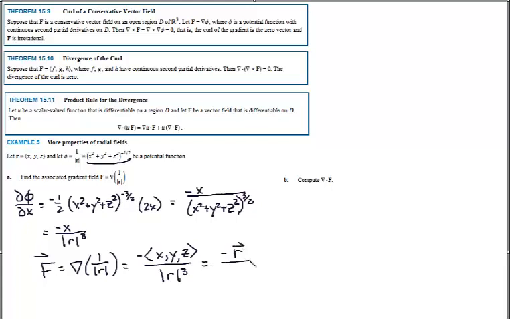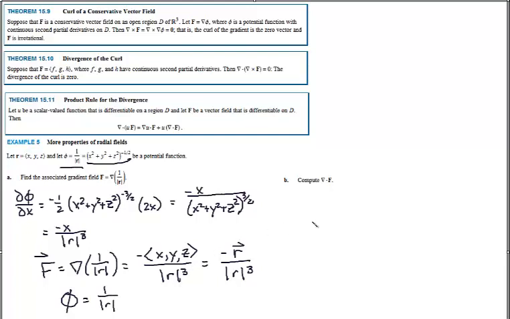So it is just my vector r over that magnitude cubed. So in finding my potential function, you can see that the potential function is this right here, 1 over the magnitude of r.